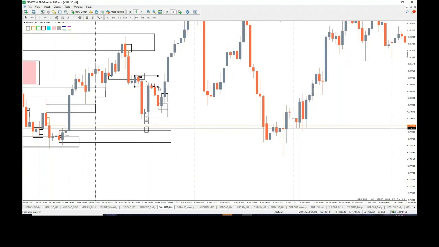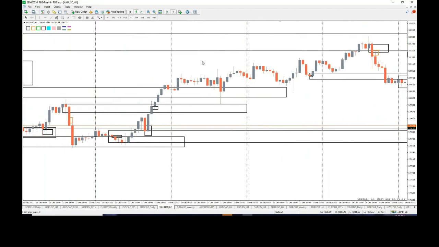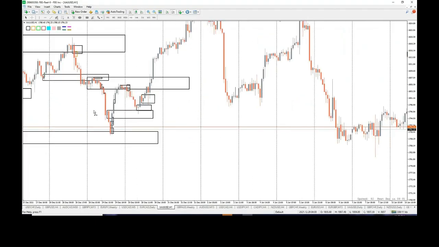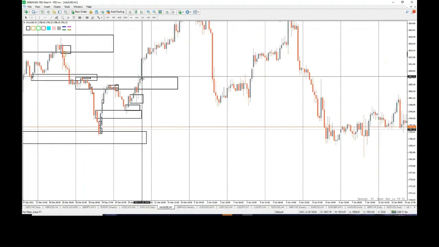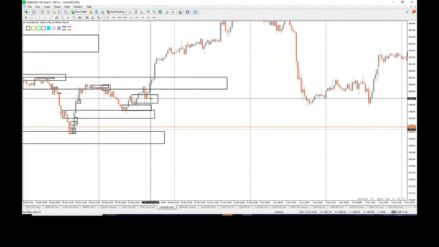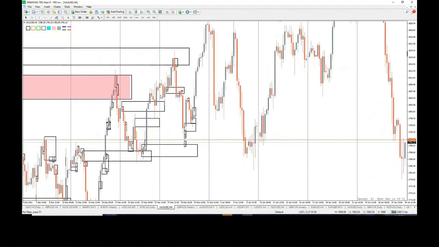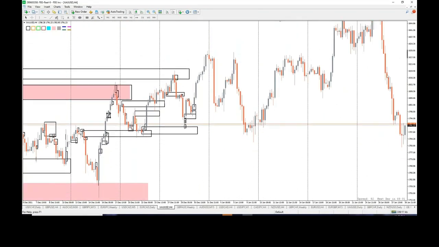And we can go for this zone for a block. But there's no confirmation for sell, so we don't sell. Just go for buy to the next H4 zone.